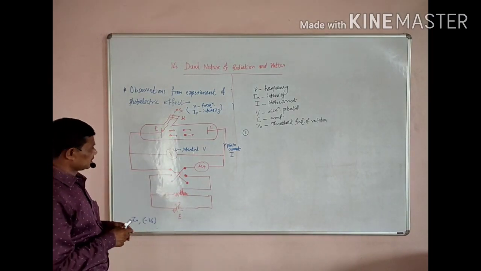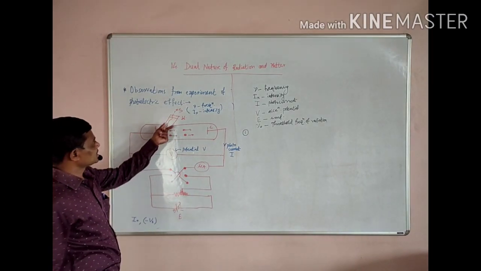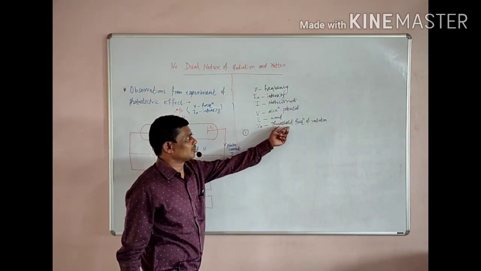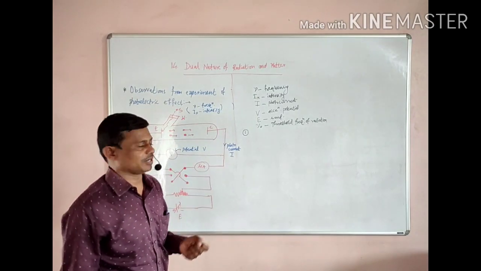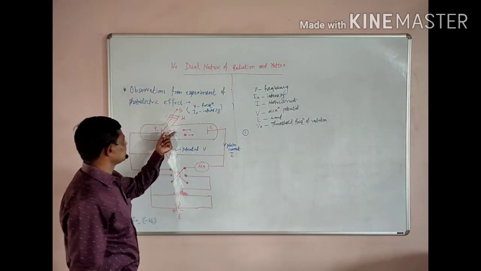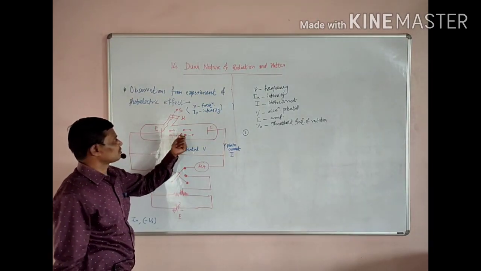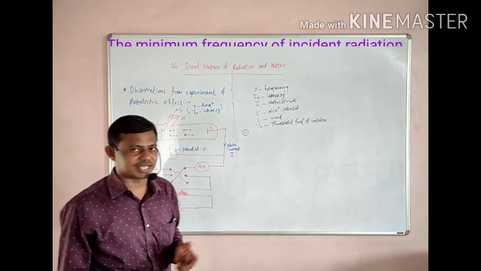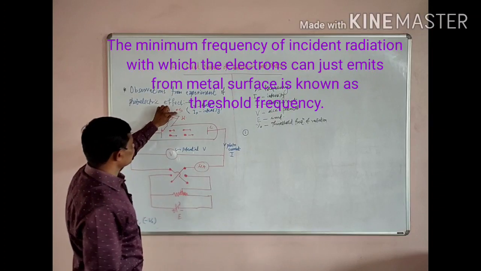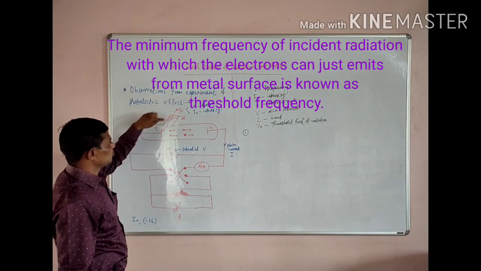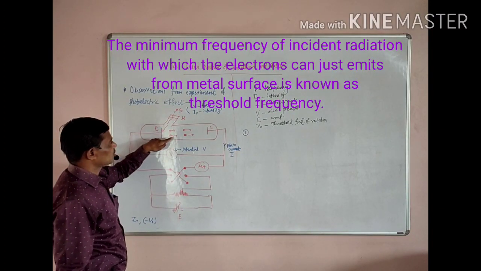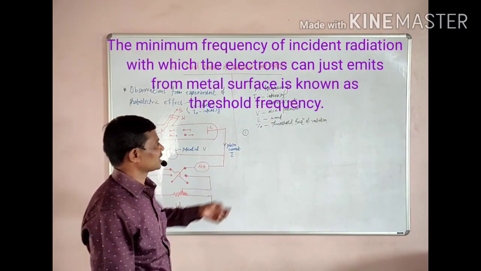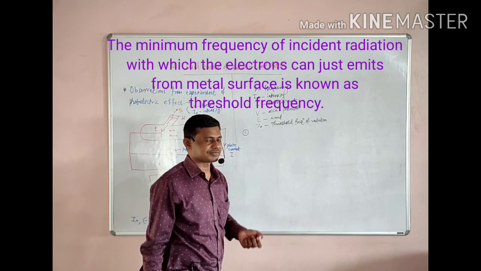When the frequency of incident radiation is equal to the threshold frequency, the electrons can just be emitted from the metal surface. In other words, the minimum frequency of incident radiation with which the electrons can just be emitted from the metal surface is known as the threshold frequency.